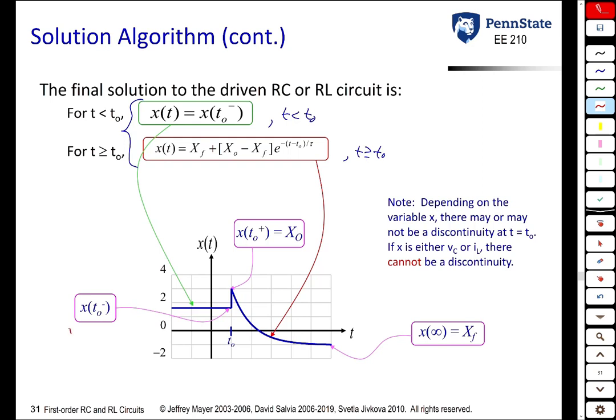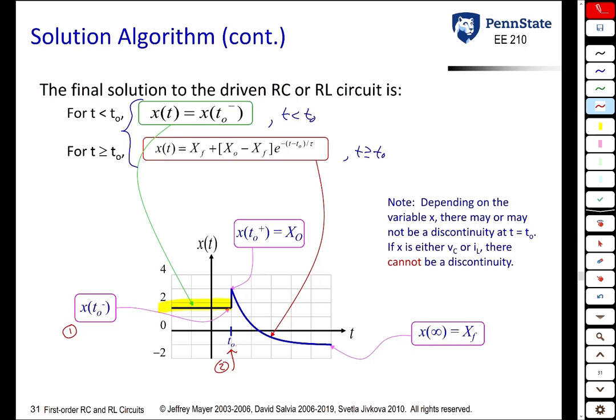The first one is the value of the variable we're looking for before the sudden change in the circuit. This is going to be a DC steady state value. Second piece of information is the time of the change in the circuit. This is the time where a switch is thrown or a source is turned on or a resistor is added or a resistor is taken away, where there's some change in the circuit that's going to cause the transient response.